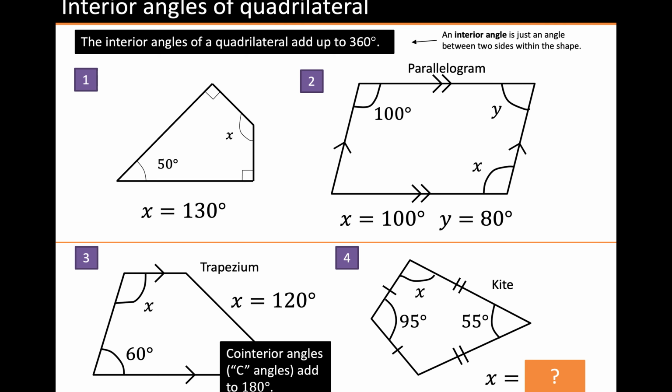If we add 55 and 95, we get 150, and both of these are 150. So that makes these two the same. Are they the same? What do you think? If we take 150 twice from 360, we get 210, and 210 is the total for x and this other angle. So that makes x 105.